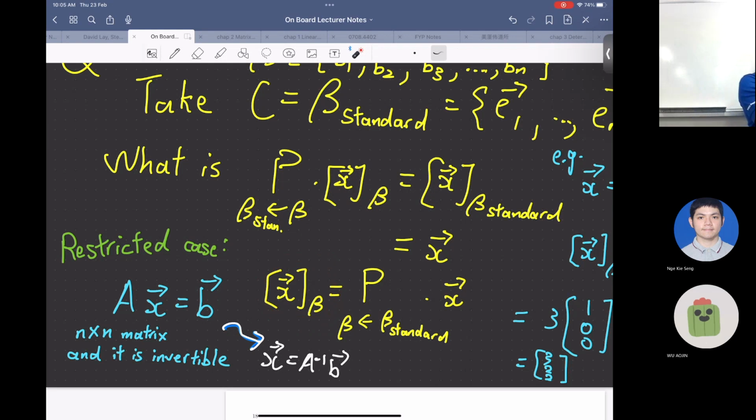The coordinates that express your b in a different basis are the solution you want to get.